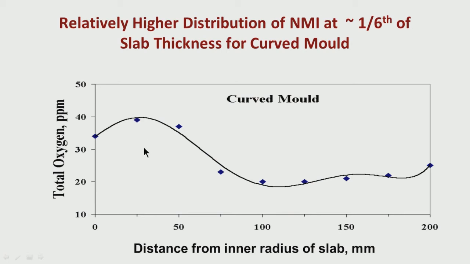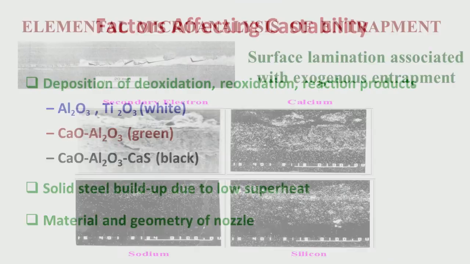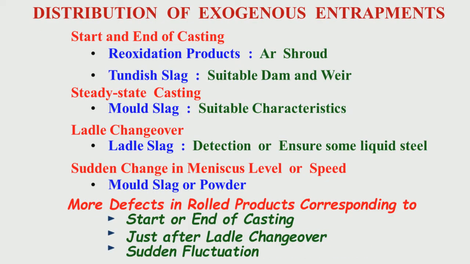What I have told is not only about certain slabs which have been cast. If I go back, I have mentioned that slabs or blooms or billets cast from the start or end of the cast are relatively bad.